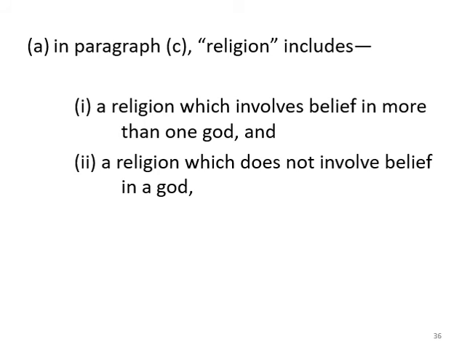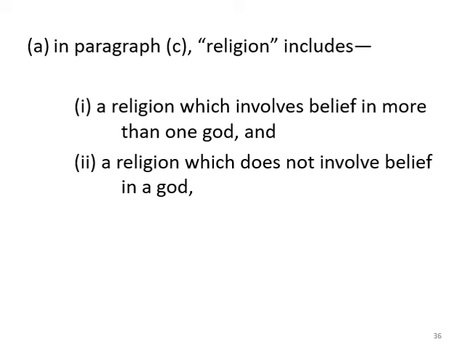Because it depends on the belief. Nobody can prove the existence of God. If you believe that there is a God, that's also religion. If you don't believe in a God, that's also religion.